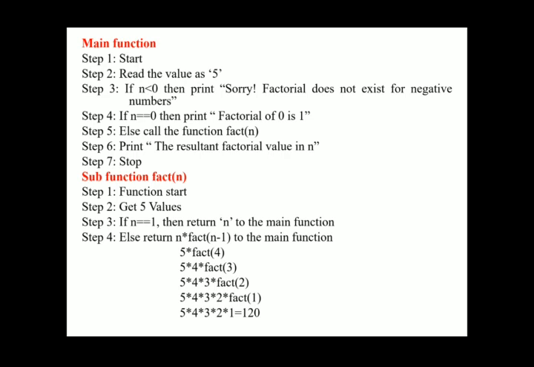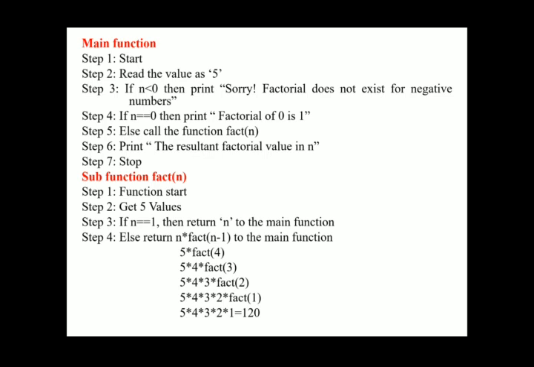In step 3 of the user defined function, n equal to 1 means 5 equal to 1, which becomes false, so it goes to step 4. In step 4 it will return n into fact of n minus 1, which means 5 into fact of 4. Here fact is also a function.